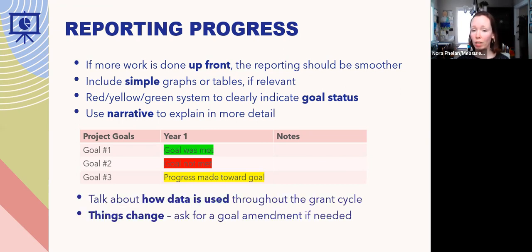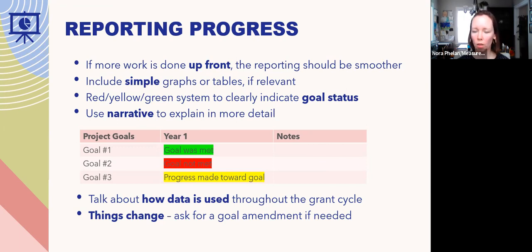I would talk about how data is used throughout the grant cycle, which I just touched on. Obviously you have to actually do it in order to talk about it, but if the program is doing it, I think that's something to put out there and to make sure that your funder knows that it's happening. Evaluation in general and data monitoring is seen as important, so to highlight that, if it's being done, how are you using it?